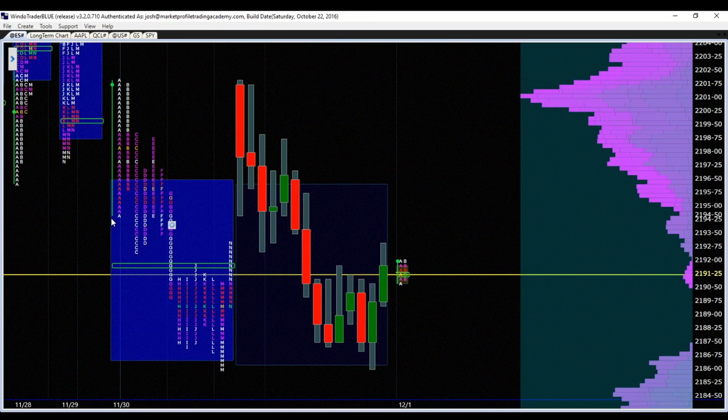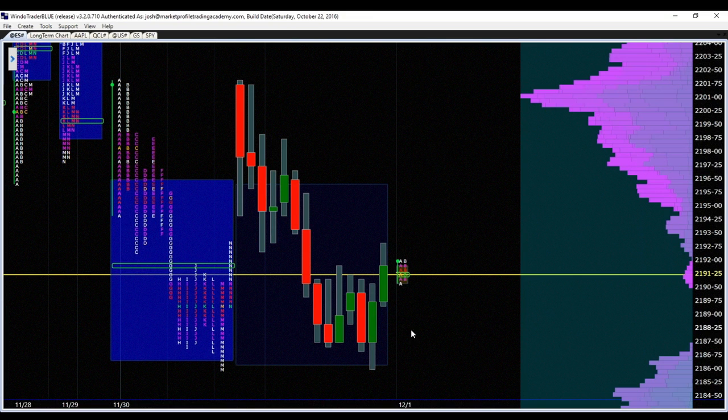And just to give you a point of reference, say for example you sold at the range extension low at 94, and you covered at 87. Even if you didn't go all the way down there and covered at, say, 4 points, each point in the S&P is $50 per contract.